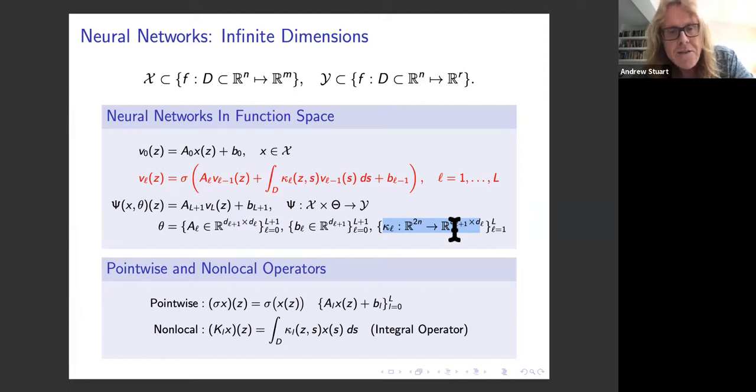And as a consequence, we have an architecture on function space that maps functions x in X into functions in Y, and is parameterized by the A's and the b's and the parameters of the kernel kappa_l. And then here in this bottom panel, I'm just emphasizing that this is a mixture of pointwise operations, or Nemytskii operators, if you're familiar with that notation, and a non-local operator, which is here expressed as an integral operator.